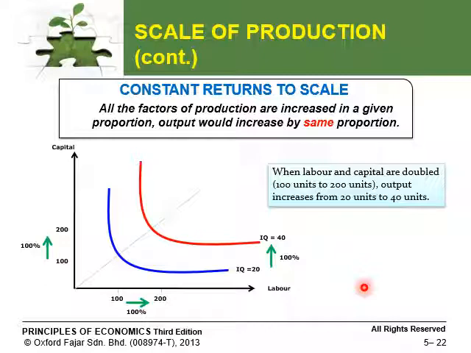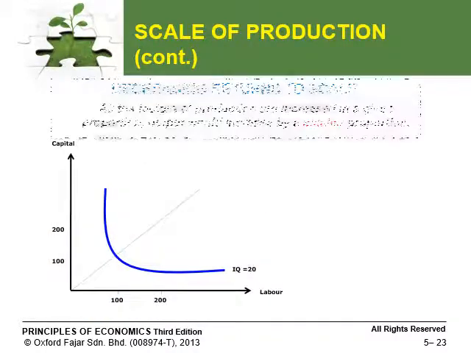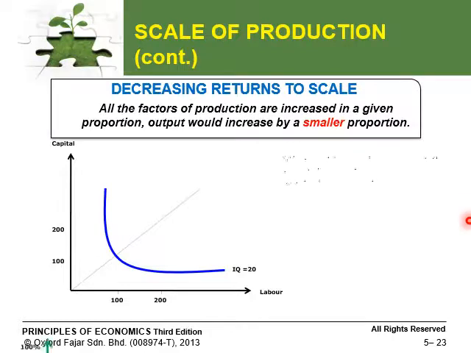Or another example, a 60% increase in output because of a 60% increase in input. Capital and labor are input, isoquant is output. So because the input and output percentage increases are similar or the same, it is considered constant return to scale.